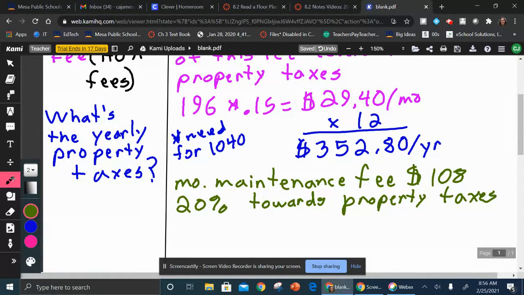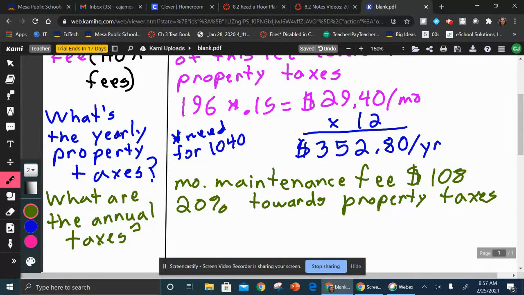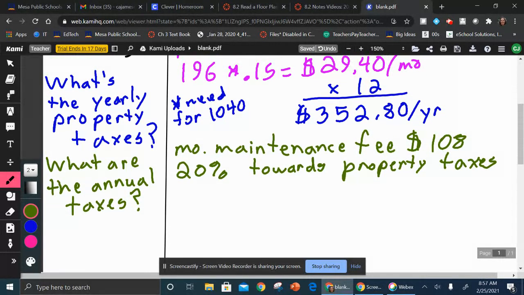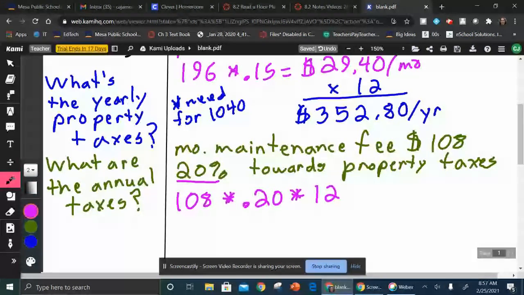Okay, and we want to know what are the annual taxes, so the annual property taxes. Okay, so we're going to go ahead and calculate that out. So we're going to go ahead and do, so 108 times 20% as a decimal, so 20 hundredths, times 12. So everybody, this is how to do it all together at once. So we get $259.20.